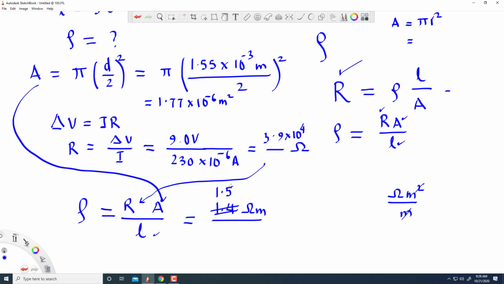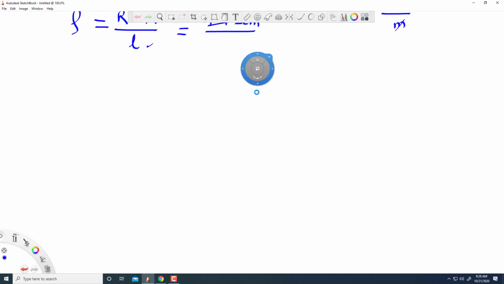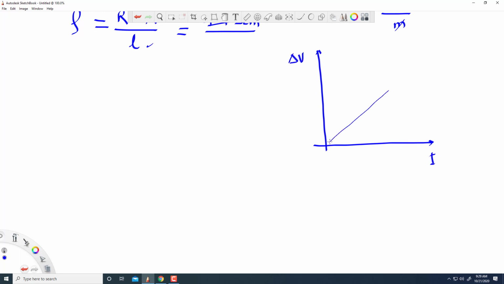Okay, so we saw the relationship between delta V and I, and that's the usual relationship. Usually in general you see the relationship between delta V and I to be linear, but that's not always the case.